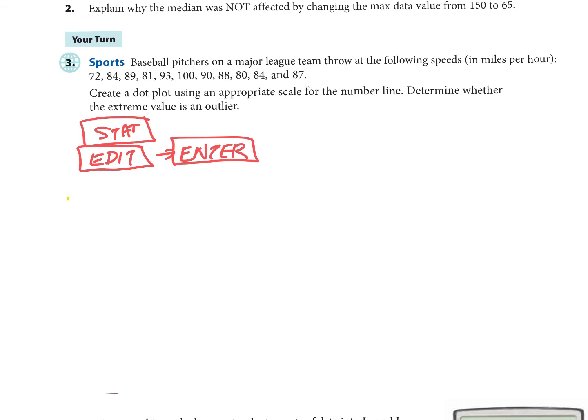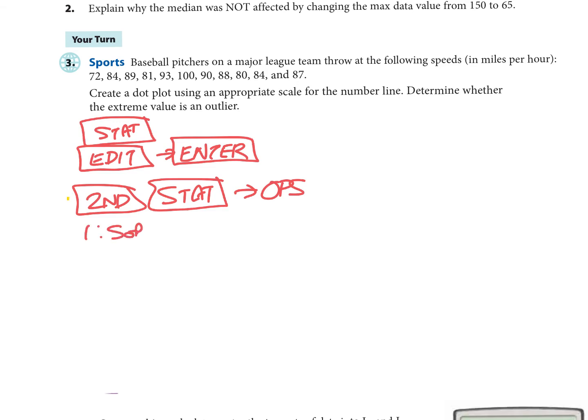And then the next thing that we want to do is put those in order again. So the way we do that is after we've got those in, we're going to go to second, Stat button again, right arrow over to OPS, Operations, and we want to select number 1, Sort Ascending. So we're going to press Enter, and then we have to go to our list.